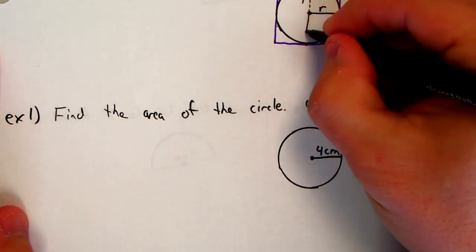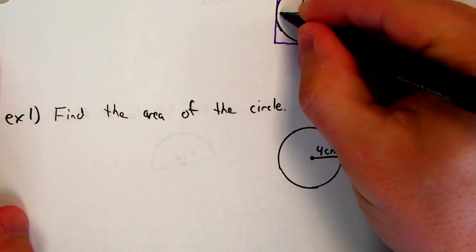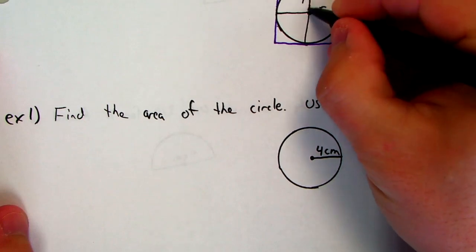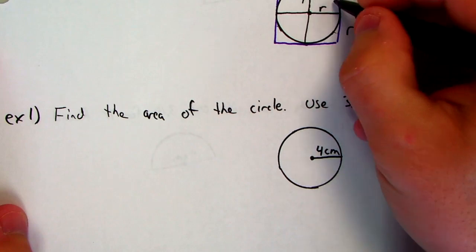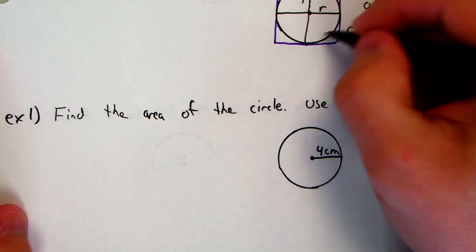So again, we have another one coming down here, another one coming up here. So right now we have something that looks like R times R, so this is a square, and it looks like it's nearly 4 of them, but it's not quite 4.